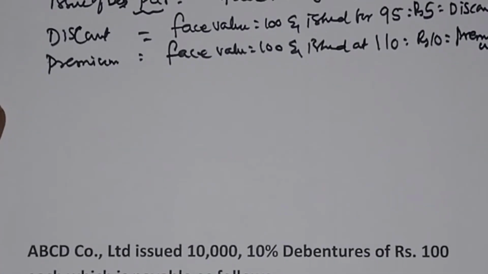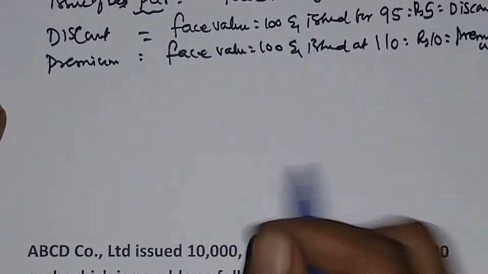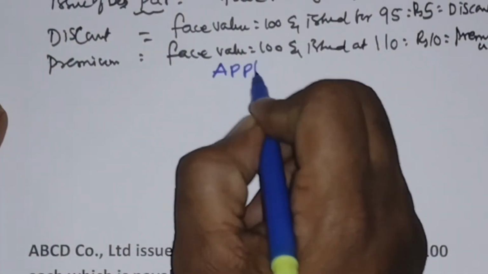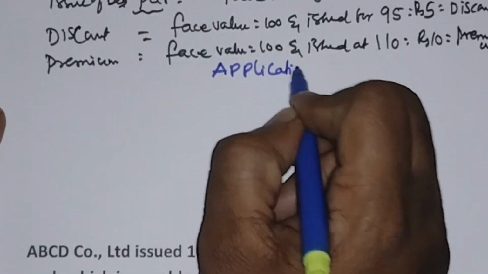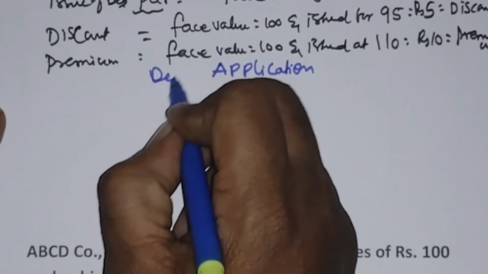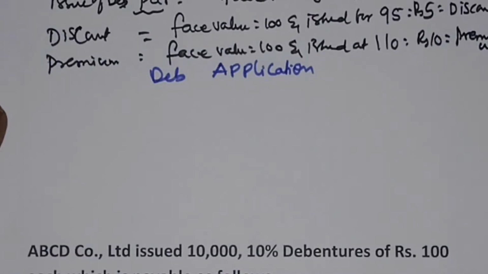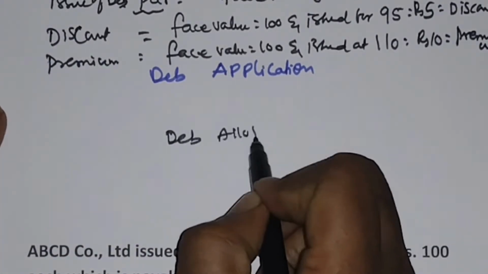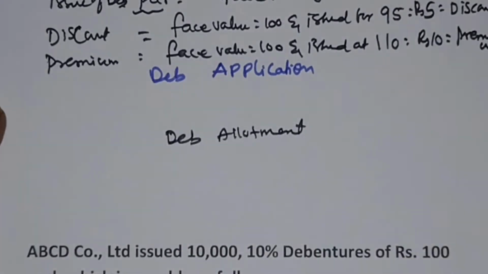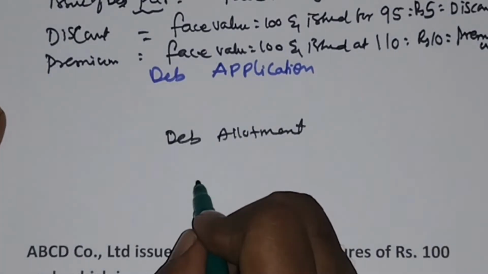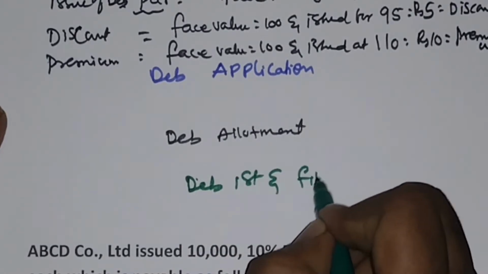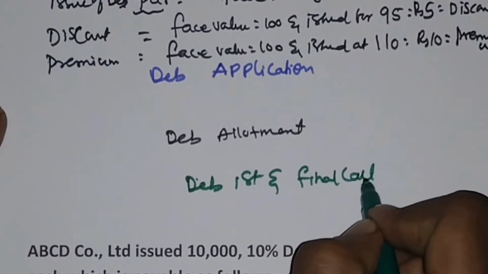The trick of passing the journal entry. For example, if I issue in 3 installments, the first installment is debenture application, the second installment is debenture allotment, and the third installment is debenture first and final call.